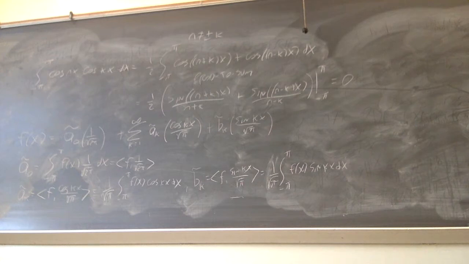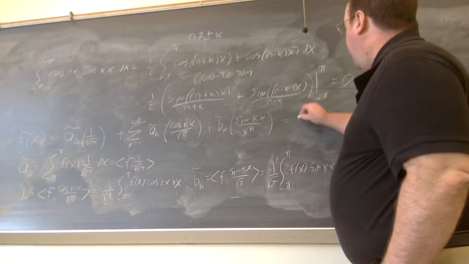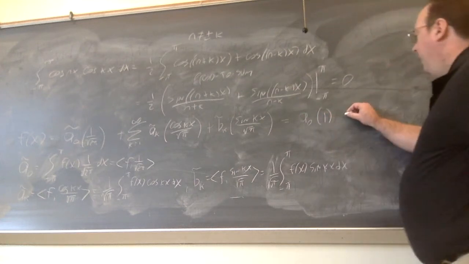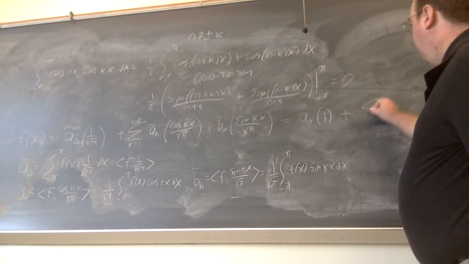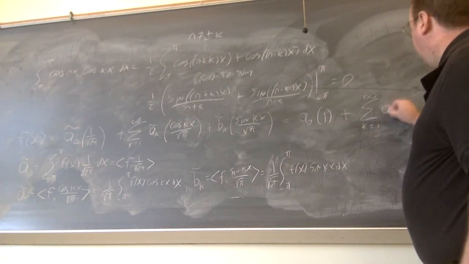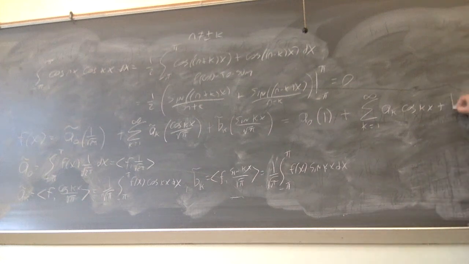So what we can do instead is think of it this way. A0 times 1. So instead of working with the orthonormal functions, work with ones that are merely orthogonal.